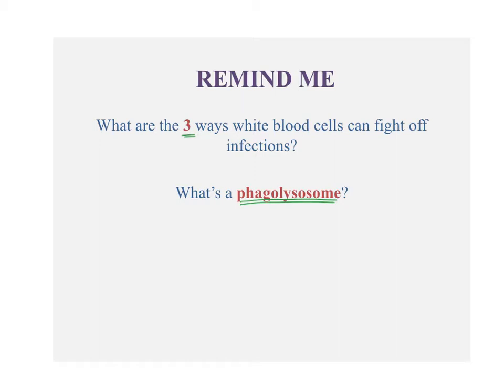Okay, so hopefully you should have had a little bit of pausing time to think about the 3 ways that white blood cells can fight off infections, and I'm hoping that you will have had the following. We can say that the white blood cell produces antibodies.